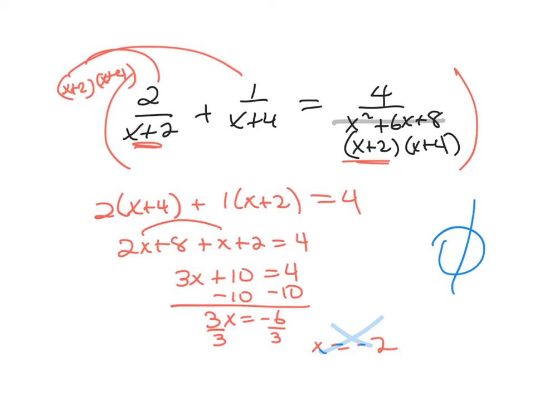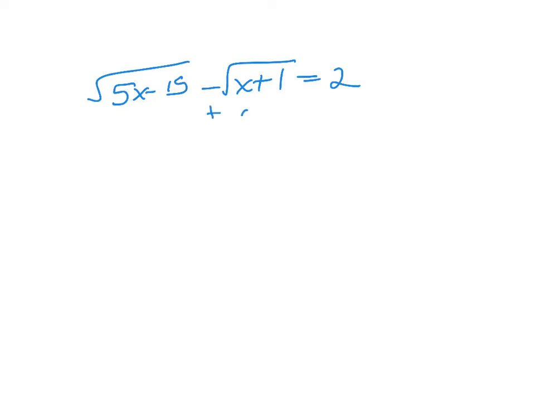The next one will be a radical equation. So I have the square root of 5x minus 15 minus the square root of x plus 1, all under the radical, equals 2. Remember, when you solve radical equations, your first step is to isolate one of the radicals.